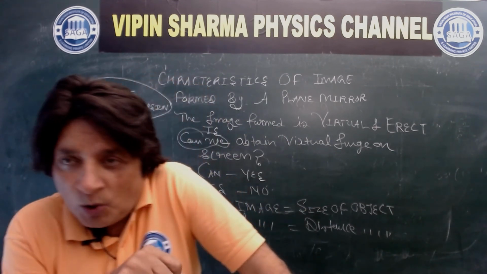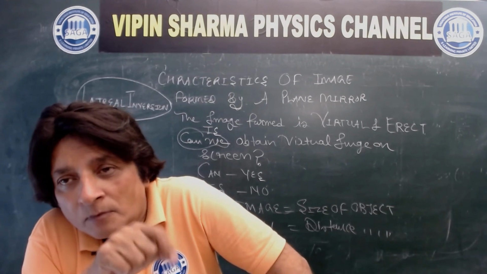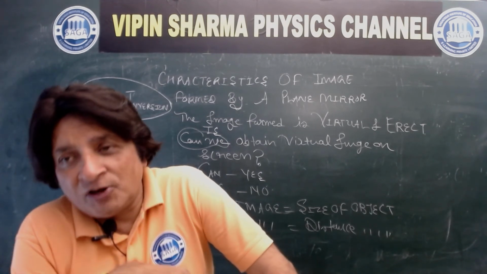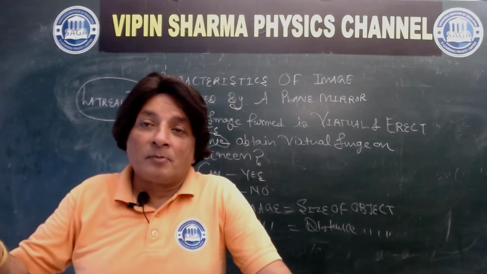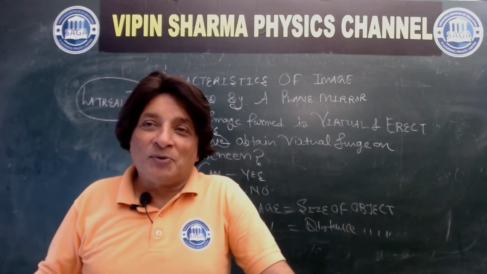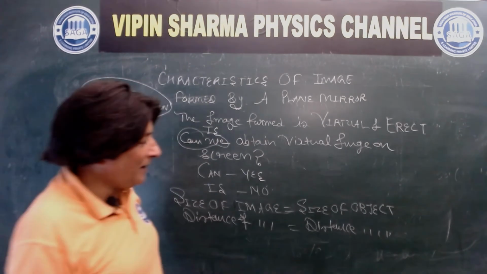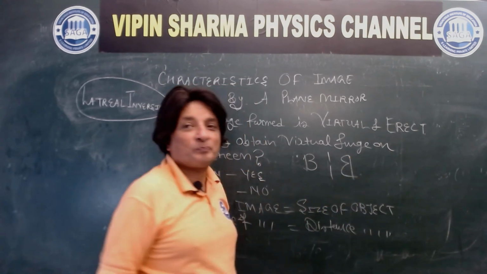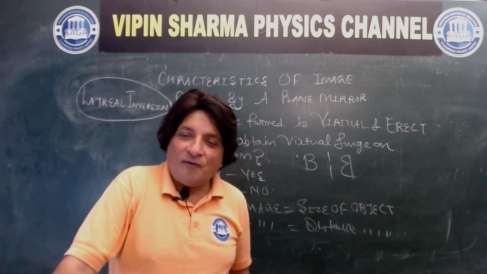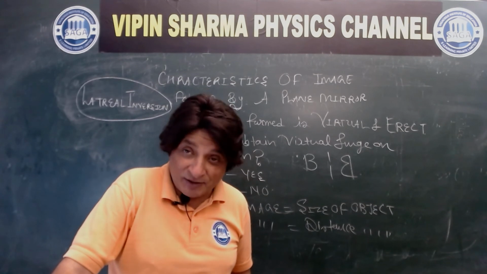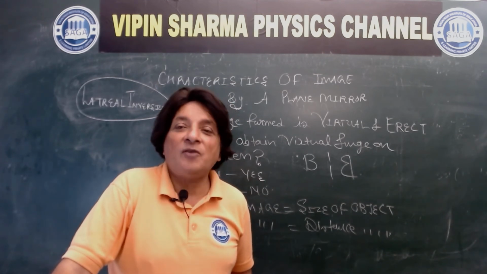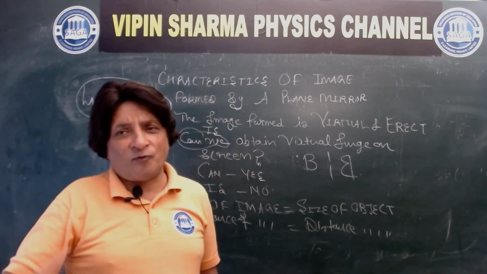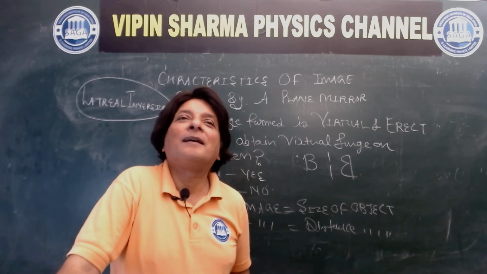When we look into the looking mirror of the car, we read AMBULANCE accurately. If it is written accurately, there will be lateral inversion. For example, the B will appear like this. A will not change, M will not change, U will not change, L will change, B will change, C will change, E will change. There will be lateral inversion, left-right inversion. Okay.